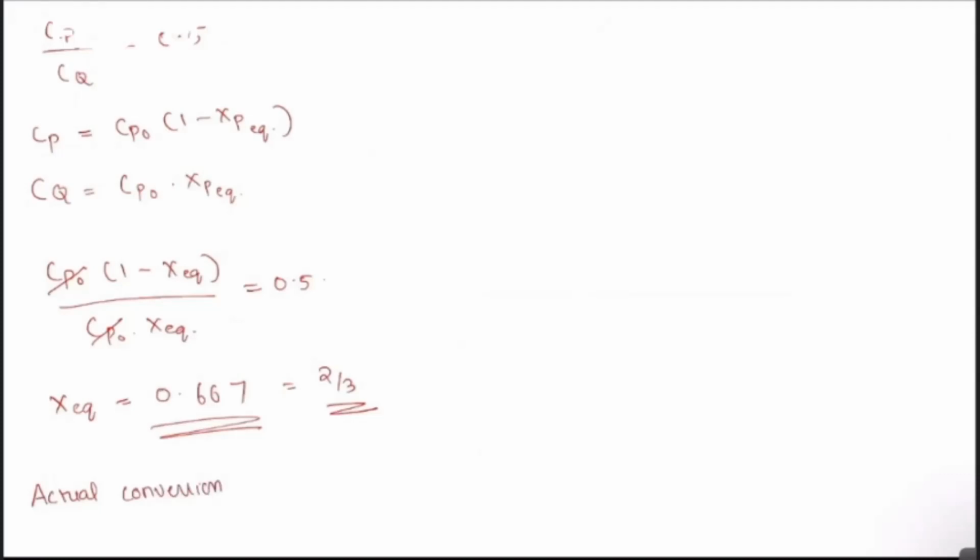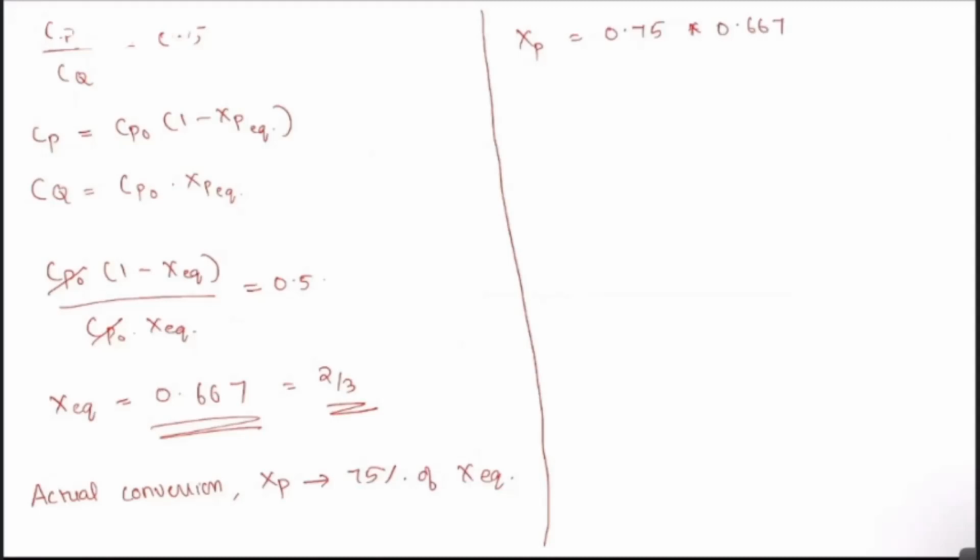Now they have given that the actual conversion is 75% of equilibrium conversion. So Xp is equal to 75% of Xeq. That means Xp is 75% of 2 by 3, or 75% of 0.667, and that will be equal to 0.5.